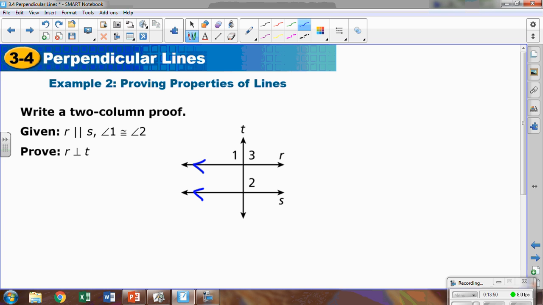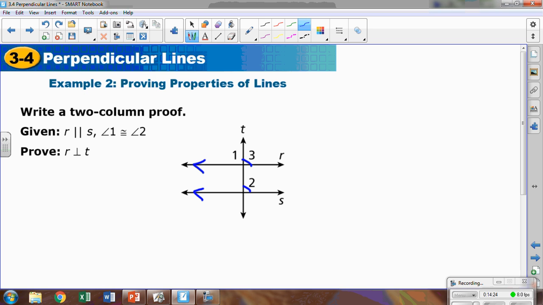Which one of those tools would be helpful? Well, which one of those pairs of angles do we actually have numbered? Do we have numbered corresponding, alternate interior, alternate exterior, or same side interior? Yeah, we have angles 2 and 3 are corresponding. And so what we would note then, angle 2 is the same as angle 3.